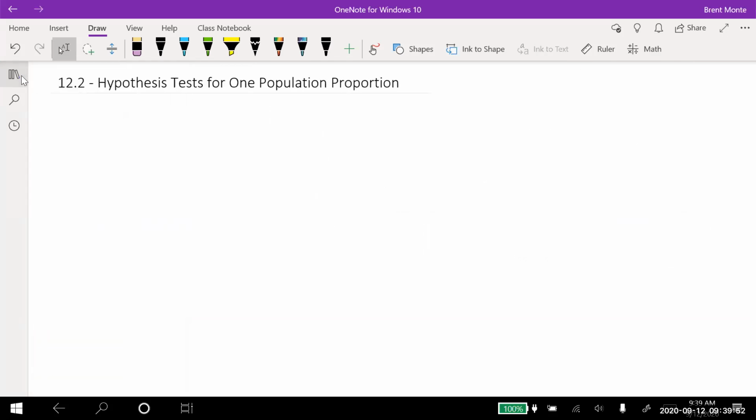Now we're looking at a hypothesis test for one population proportion. So there's not a whole lot to say here.